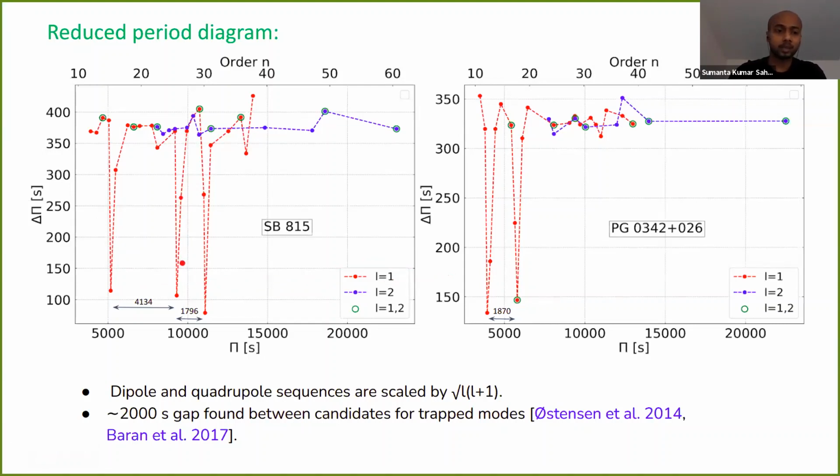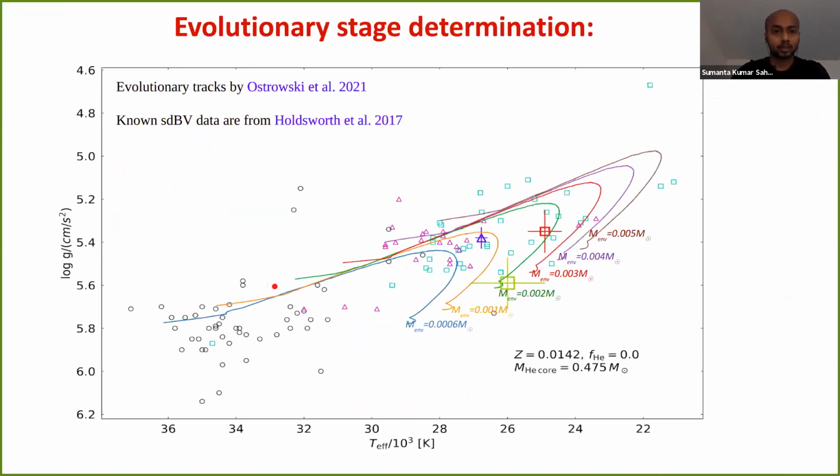But from the literature, we found that in the reduced period diagram the gaps are normally around 2000 seconds for the trap modes. We also found similar gaps, which may give a hint that these might be trap modes. Then we produced the evolutionary models and put our targets along with all previously known sdBVs, which we collected from the Holdsworth 2017 paper.